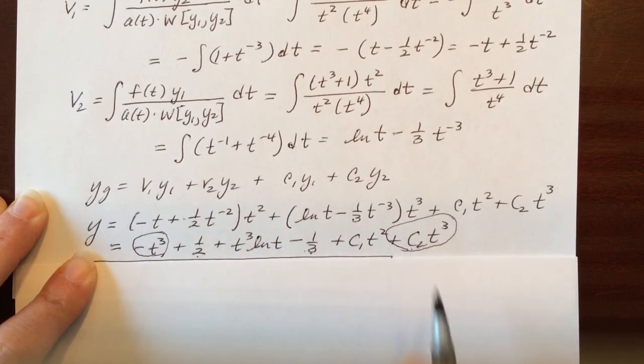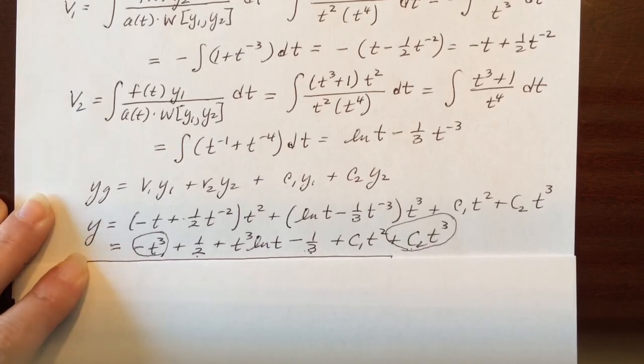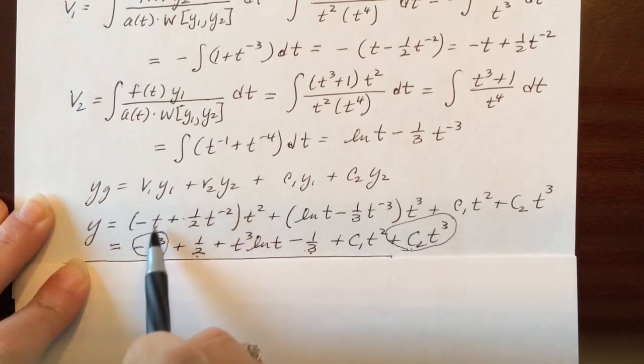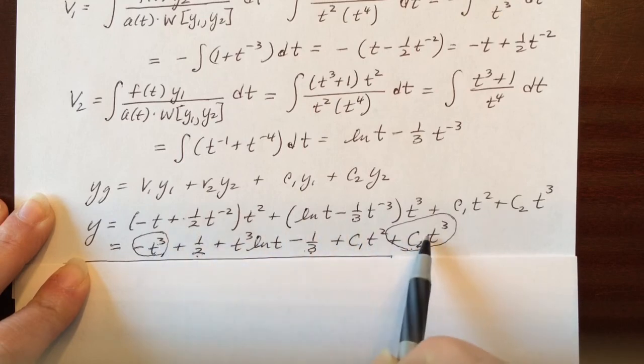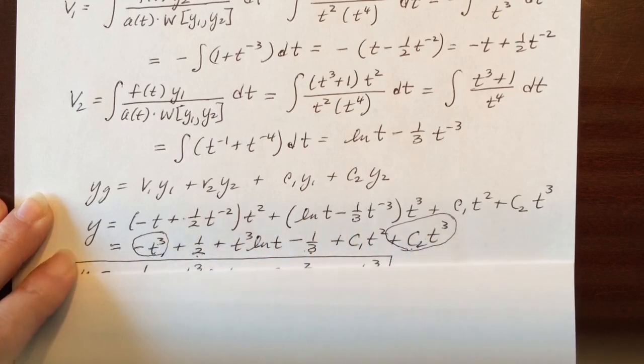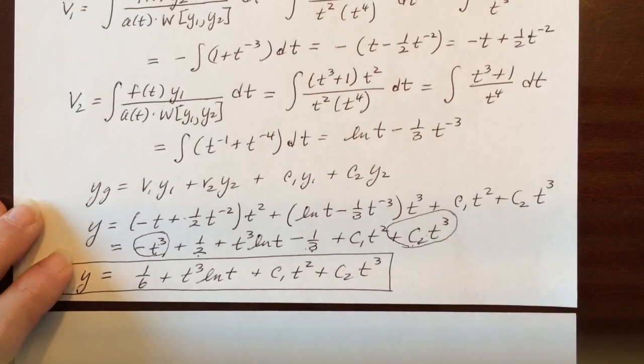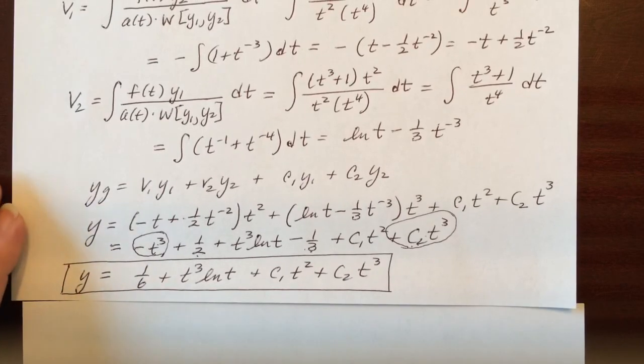There are just two t cubed terms with different constants, so we're going to leave this one off, since those are exactly the same type of term. And so when we do that, we have our final answer: y equals 1/6 plus t cubed natural log t plus c1 t squared plus c2 t cubed. Ta-da!